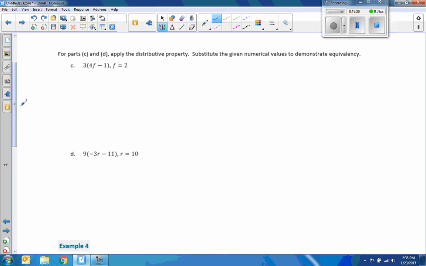Alright, for parts C and D, apply the distributive property and substitute the given numerical values to demonstrate equivalency. So now they're saying to use the distributive property instead of the array. Okay, so now we do 3 times 4f, which is 12f. Positive times a negative is negative. 3 times 1 is 3.